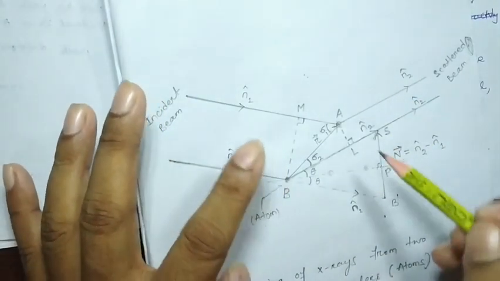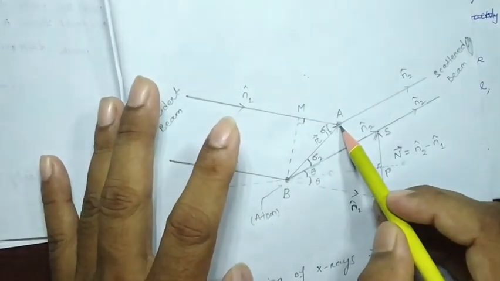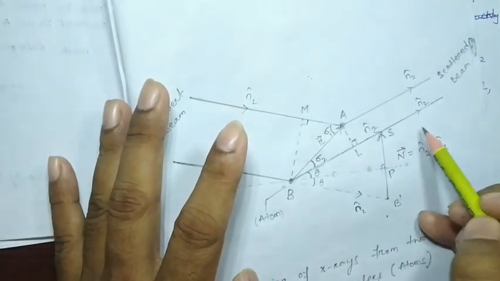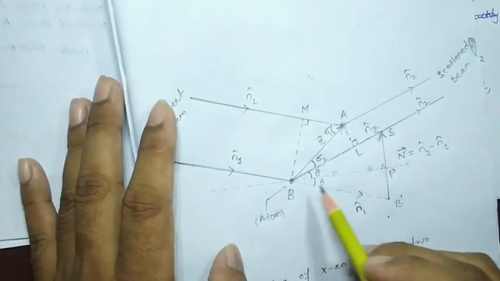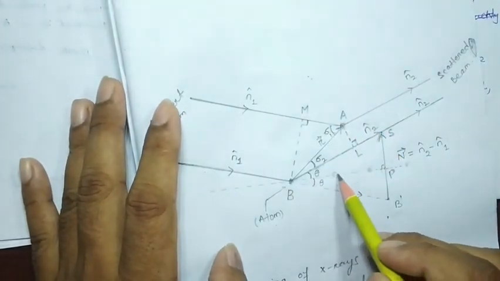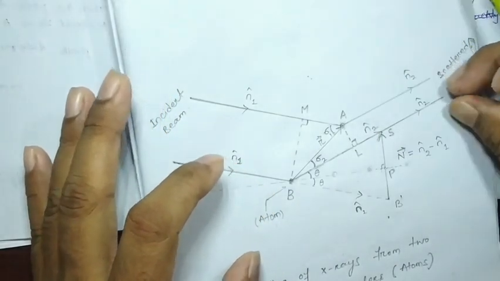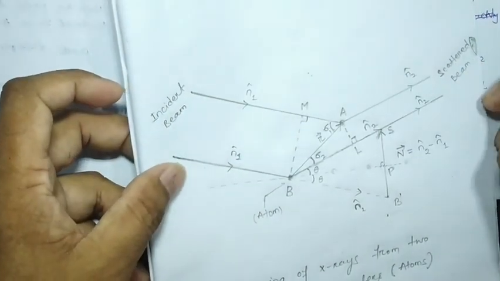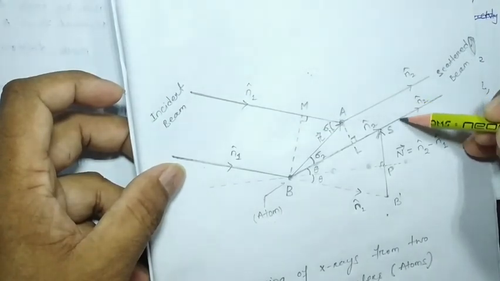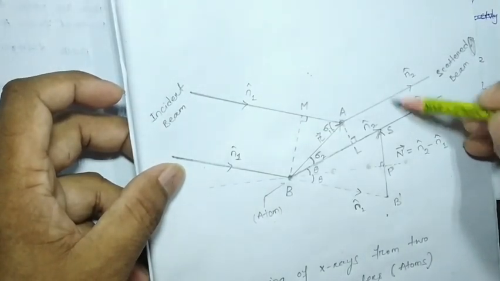If we consider periodic atoms like this, and on this plane it will be here, it will be like this, then we also get the same phase difference between these two.